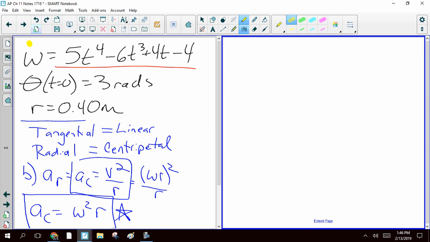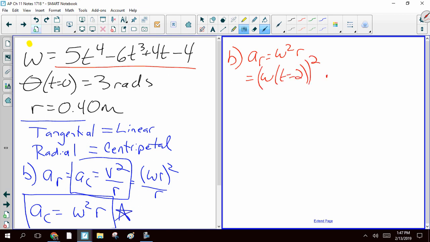So for part B, to find our centripetal acceleration, our radial acceleration, I'm going to do omega squared times r. So I need to find omega at t equals 2. I'm going to square it, and multiply by my radius. So omega at t equals 2, I'll just plug 2 in. I'm going to spare you writing it out, but if you plug that in, you end up getting 36 radians per second.